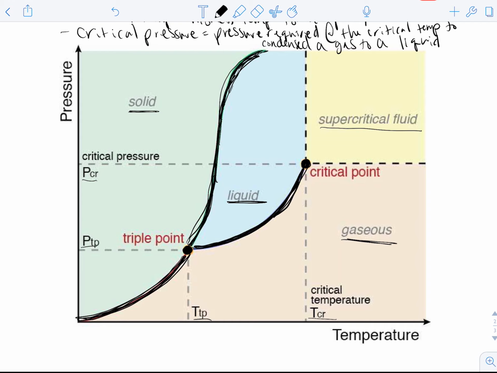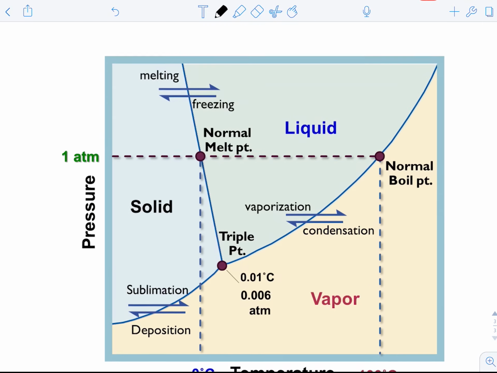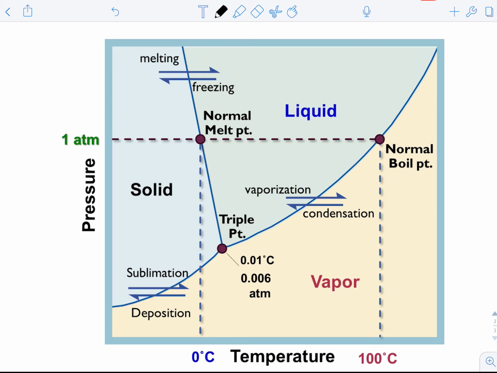So each one of these represents an equilibrium, and specifically this line right here, we see that we slope to the right. So as we increase our pressure, it takes a higher temperature to get to a liquid. Okay, we see a slope that is opposite in the case of water.